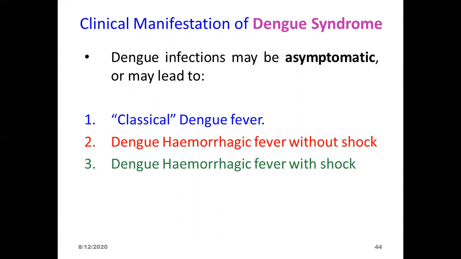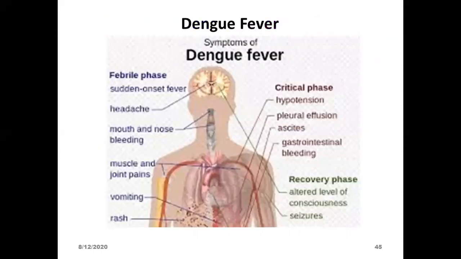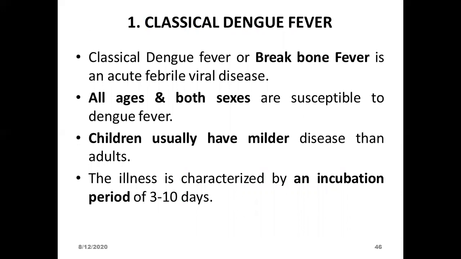The clinical manifestations of dengue syndrome: dengue infections may be asymptomatic or may lead to classical dengue fever, dengue hemorrhagic fever without shock, and dengue hemorrhagic fever with shock.